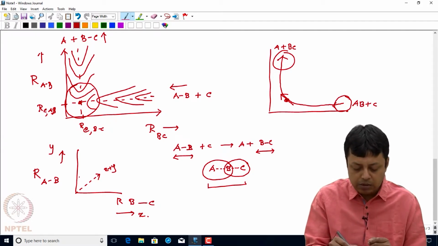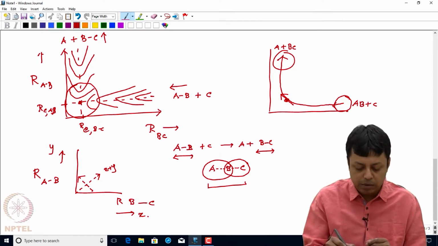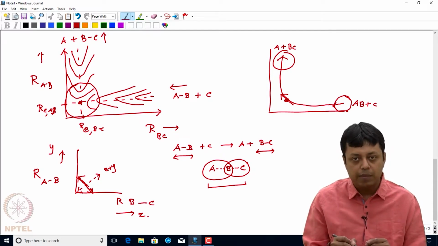And then I can also think about another motion orthogonal to it, which is the asymmetric stretch, because if you think that the molecule is vibrating along this direction, the AB molecule is vibrating, so what will happen?